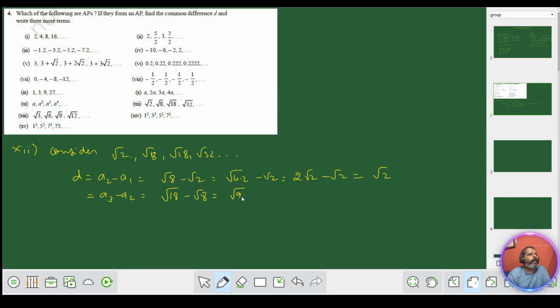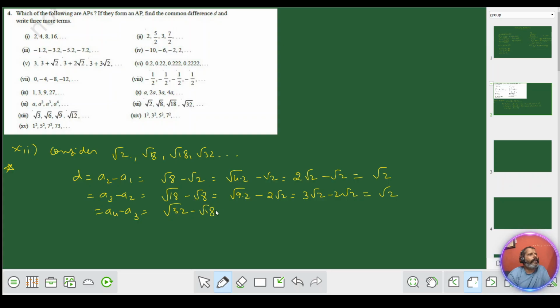Root 18 is root 9 into 2, and root 8 we just saw is 2 root 2. 9 is a perfect square, root 9 means 3 root 2 minus 2 root 2. Answer is root 2.